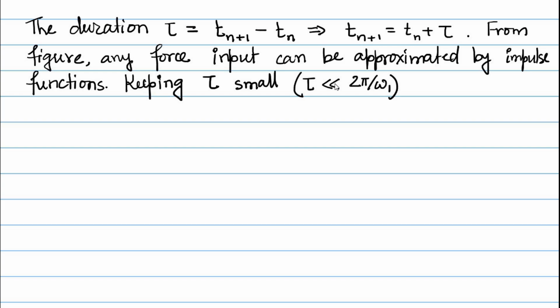Now, using that, we can write our differential equation as x double dot plus twice beta x dot plus omega naught squared x equals, and remember, on the right hand side, instead of any arbitrary function, I'm writing its approximation.